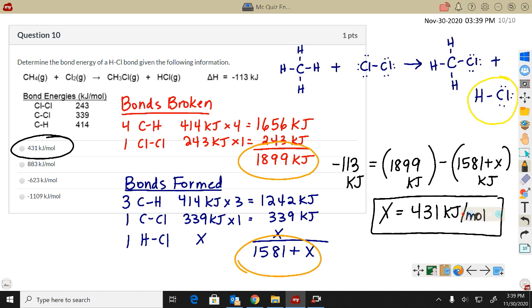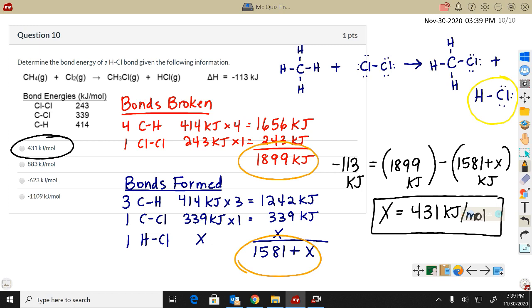So technically that would be the amount of energy I'd have to add to break all the bonds on the product side, but I want to form those bonds, so technically then it's energy released. So we're going to have the positive 1,899, but then I'm going to make that last quantity negative or exothermic. So you just have to be a little careful that we distribute properly now.